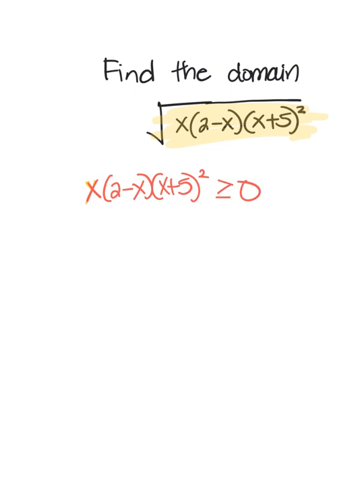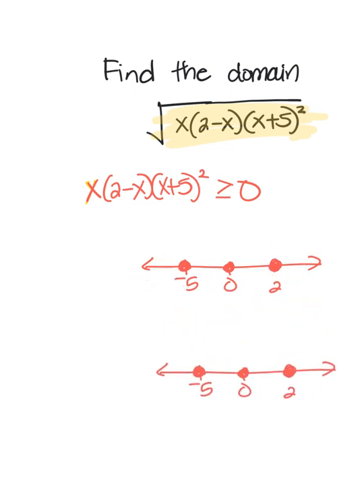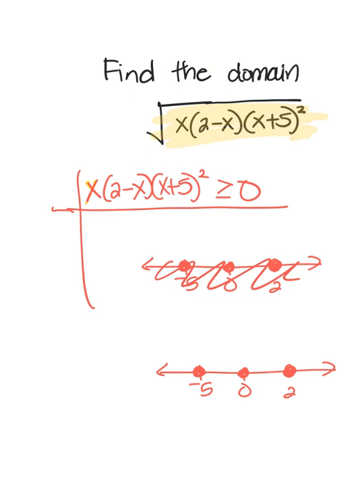And now it's already in factored form in this case. So my critical points are -5, 0, and 2. I don't know why I keep doing this. Let me see if I can move this. Okay, and then let me erase this, hopefully. No. Oh well. Okay, so let me just go here and here. I'm just going to ignore that for now.